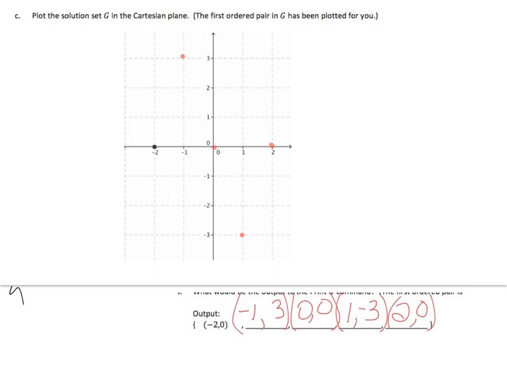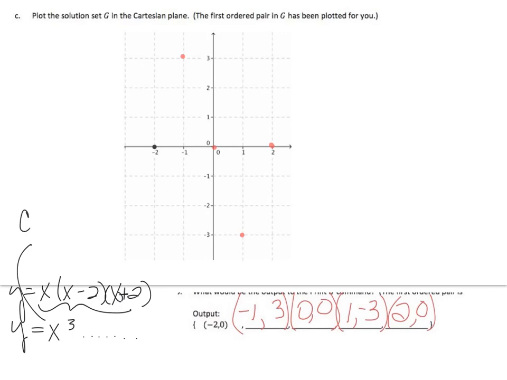My equation was y equals x times (x minus 2) times (x plus 2). If I multiplied this whole thing together, I would get y equals x to the third and some other stuff. This is cubic, and a cubic graph always looks with a lump up and a lump down. So it worked. It's a very nice graph. But we can't connect the dots because we tested integers, remember? So we can't connect the dots.